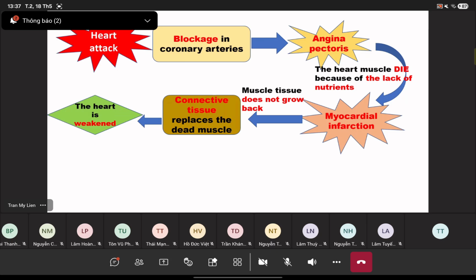A severe cardiac problem is congestive heart failure. And the graph shows how angina pectoris or chest pain occurs, leading to the heart being quickened.